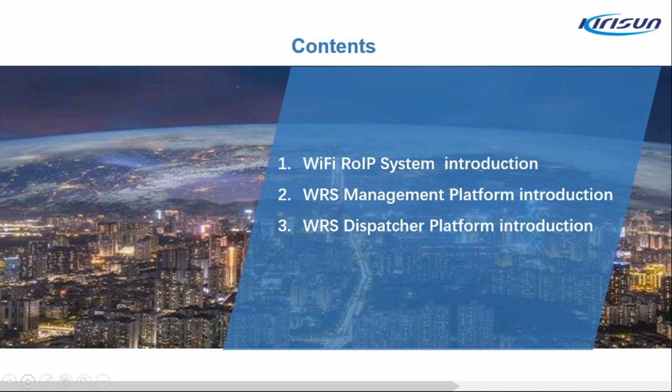First part, we will introduce what is the Wi-Fi RoIP system, and the next part, we will introduce the WRS management platform, and the last part, we will introduce the WRS dispatcher platform and how to configure it.